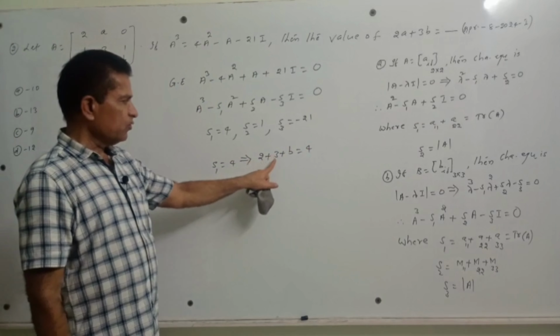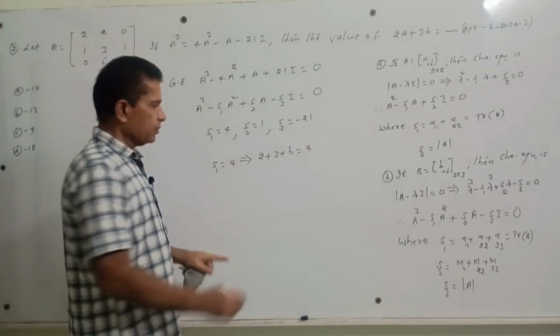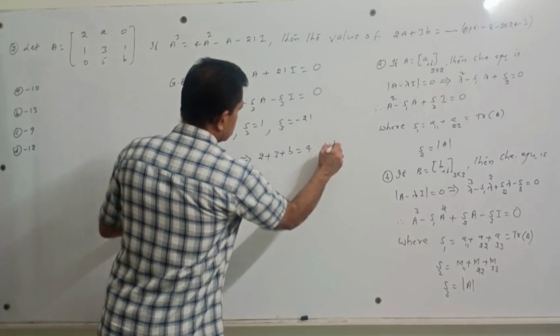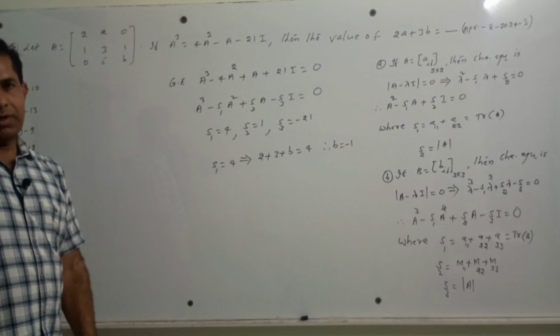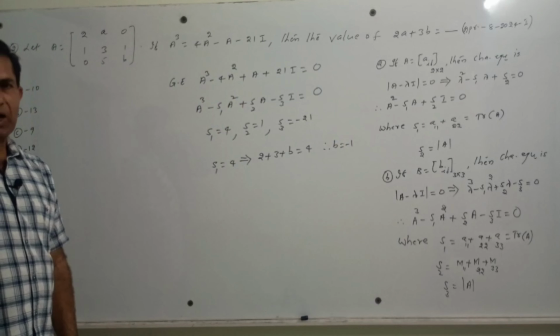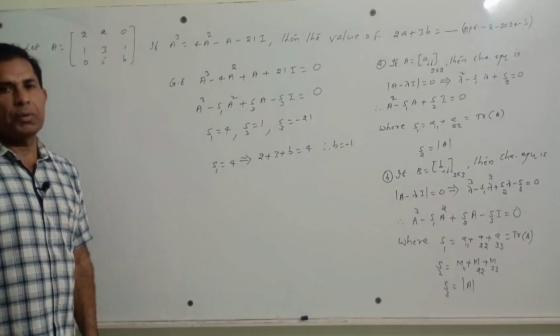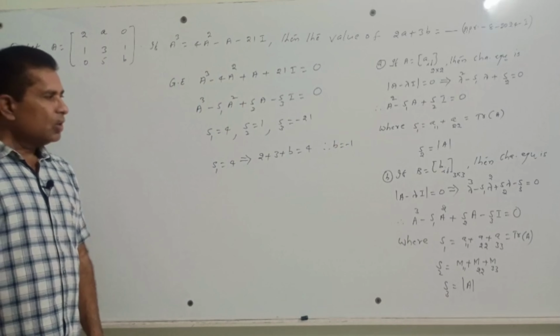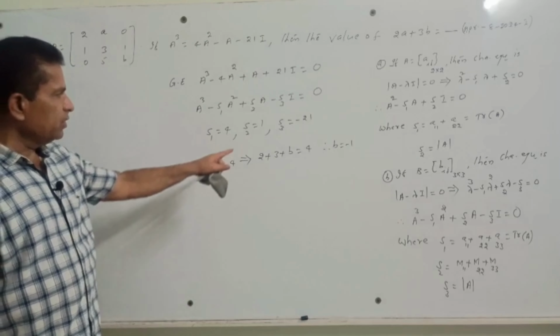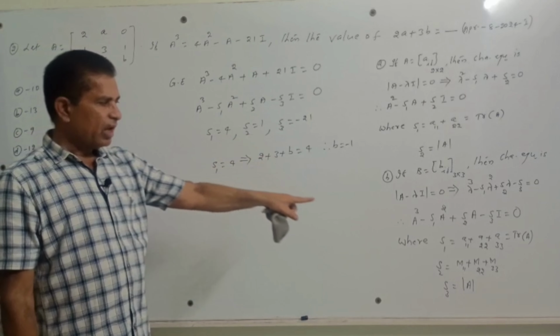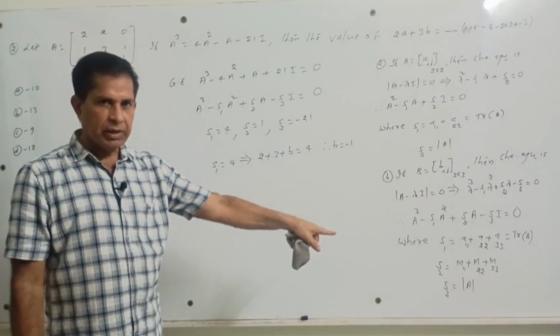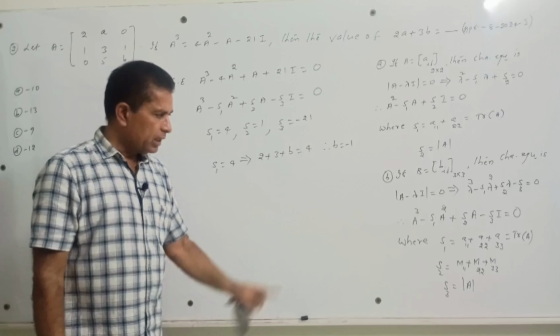So 2 plus 3 is 5, 5 plus b is equal to 4, therefore b is equal to minus 1. Already I got b. Now I have to calculate one more unknown a. To calculate a, we can use S2, but it is a little bit lengthy, so I am taking S3.